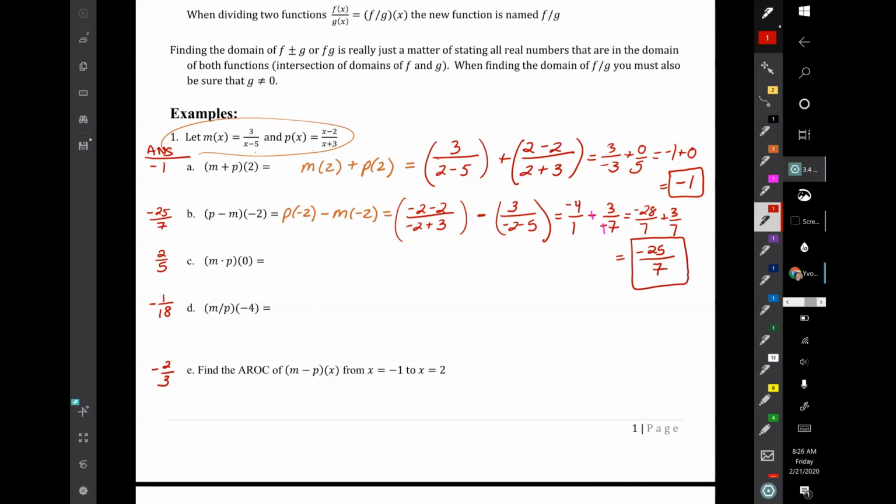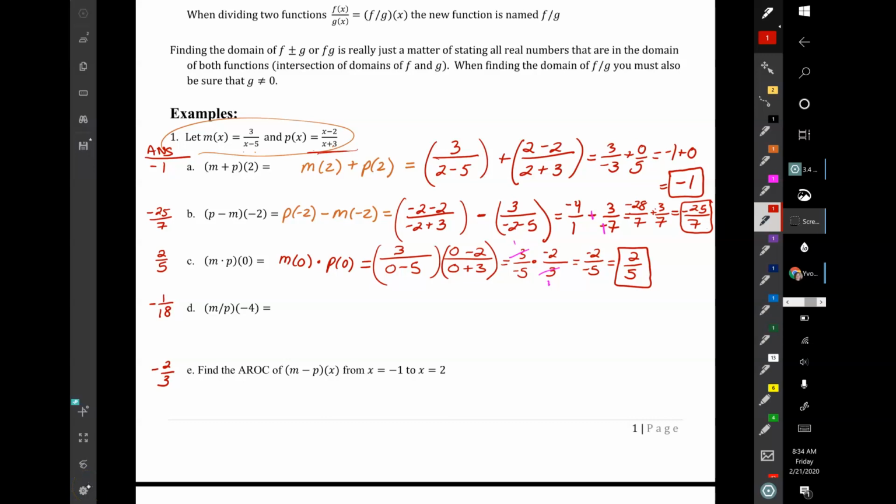For part C, now let's look at this one. M times P of 0. So we're going to do M of 0 times, I could put a dot or not, P of 0. So for M of 0, just go ahead and plug a 0 in up here for X, and for P of 0, use this other function to the right.